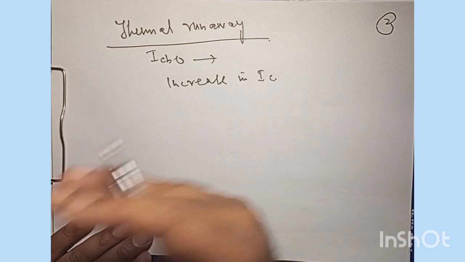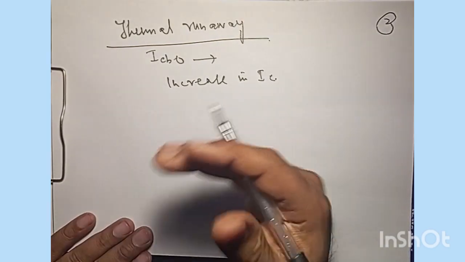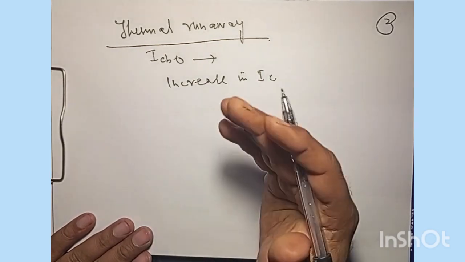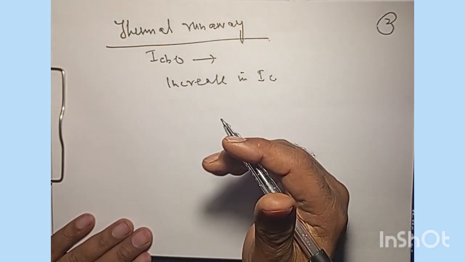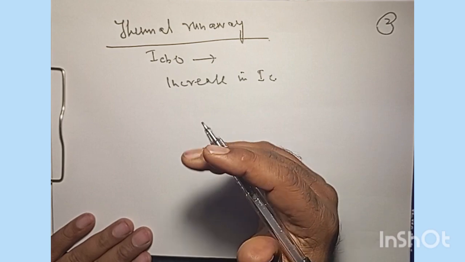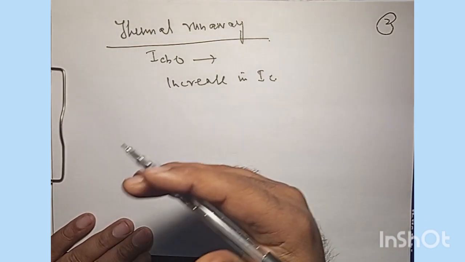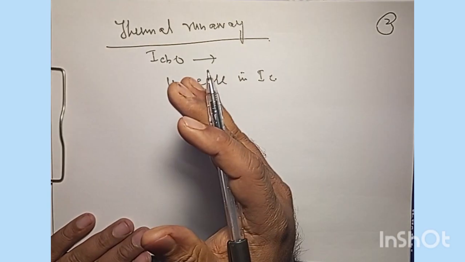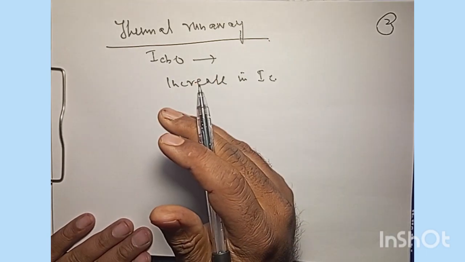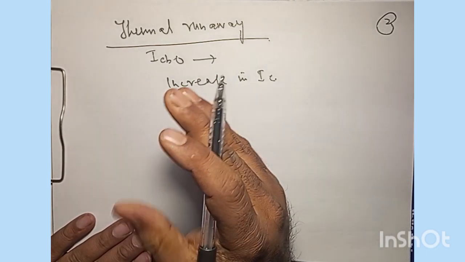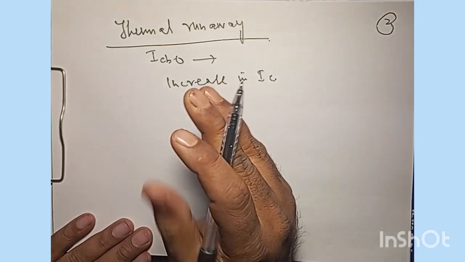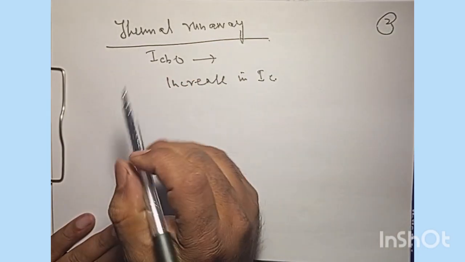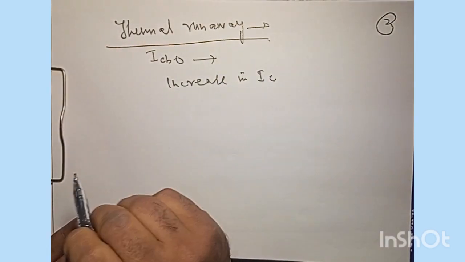It goes on adding and adding, and the collector current may become very large, and under those circumstances the transistor may burn out. This is basically the self destruction of an unstabilized transistor, and this destruction is referred to as thermal runaway for a transistor.